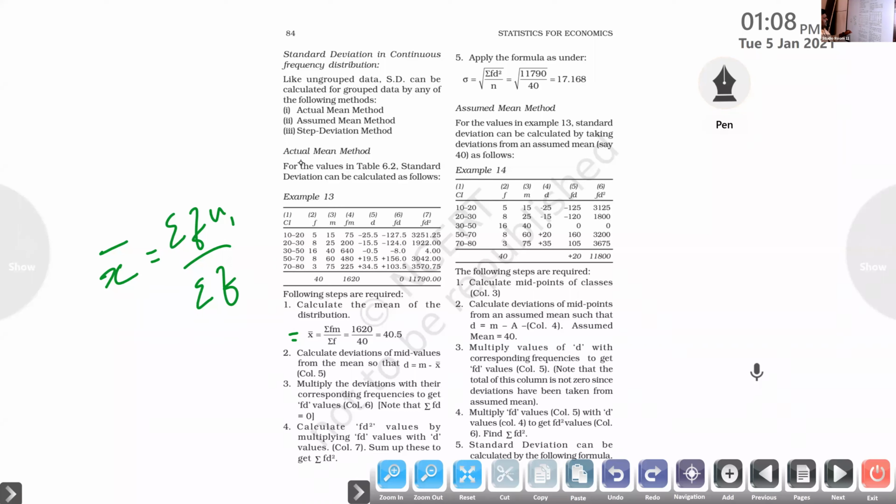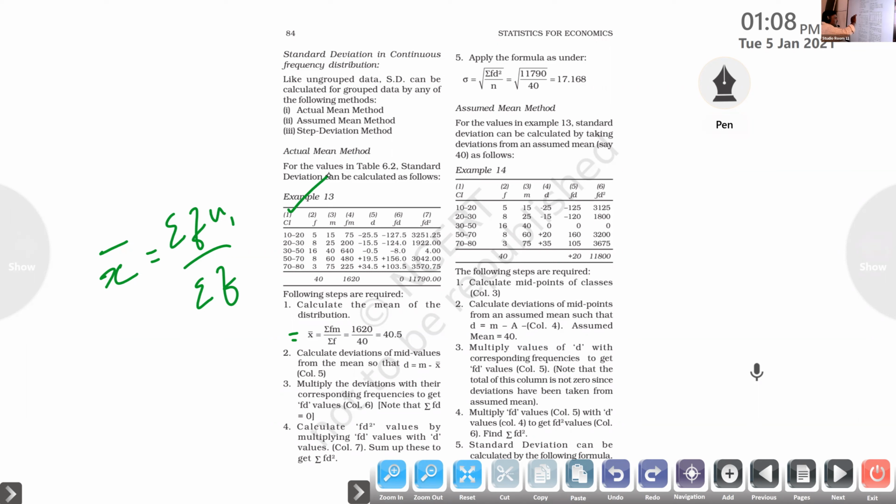The sigma f is 40. 5 plus 8 plus 16 plus 8 plus 3 is equal to 40, right? No error in that.